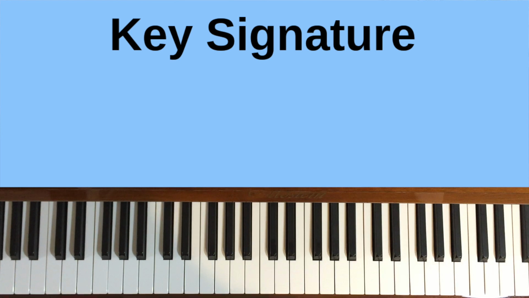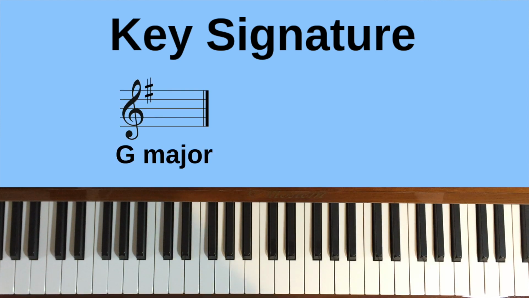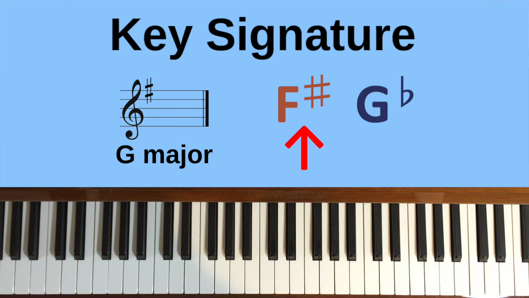For example, if the song is in G major, musicians will call it F sharp instead of G flat. However, we won't go too in-depth about the key signature in this lesson. There will be another video explaining it. But technically, no matter what name you use, F sharp or G flat, other musicians will also know which black key you are referring to.